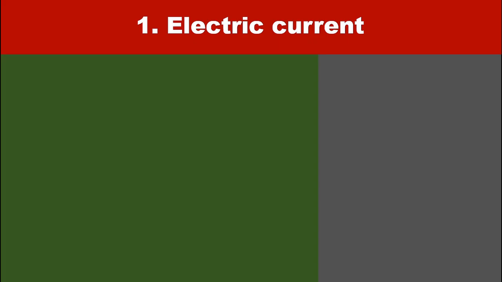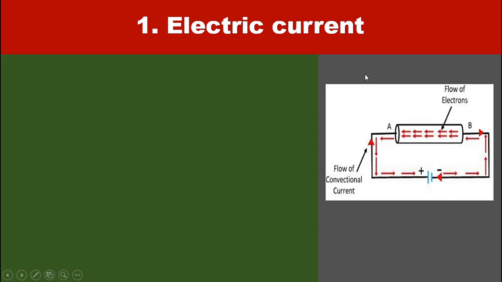Electric current. All of you look here at a picture. You see, this is the battery. The positive terminal is connected to an electrical device at end A, and the other end B is connected to the negative terminal of the battery.